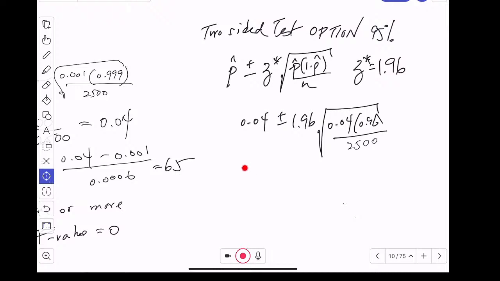To make a confidence interval, we did this before. I'm going to compute the margin of error, right? That's the give or take. So the square root of 0.04 times 0.96 divided by 2500, times 1.96.